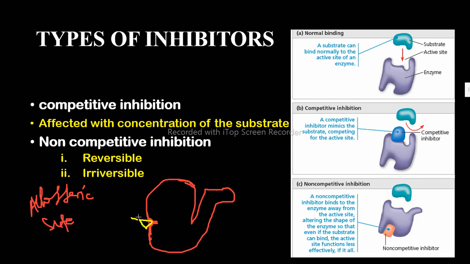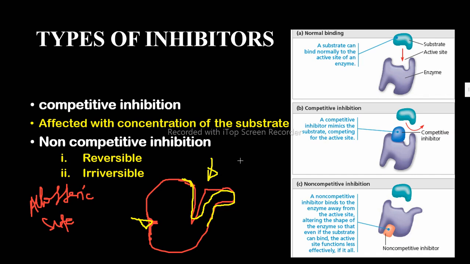Now binding of the inhibitor on this site alters the active site of the enzyme. It will change the shape and adopt a new shape. And now the new shape does not allow the substrate molecules to bind with the enzyme.